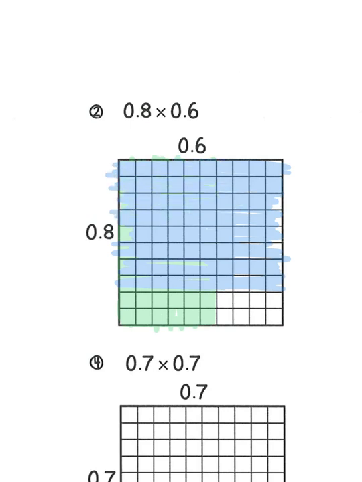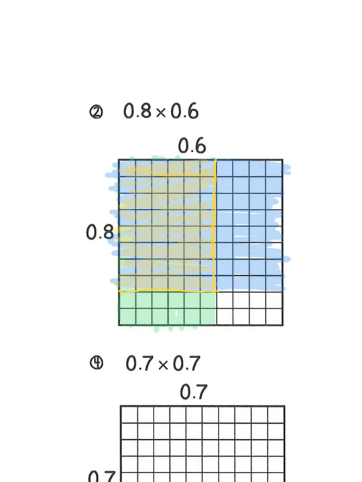Now I need to box off where they overlap. I see they overlap starting here all the way up through there. All of that is area where they overlap. To figure out my answer, I can count up all those little hundredths. I have 6 in each row, and there's 8 rows.